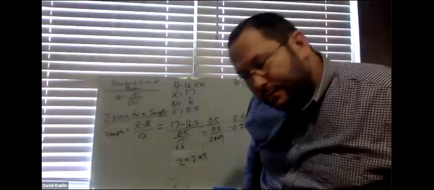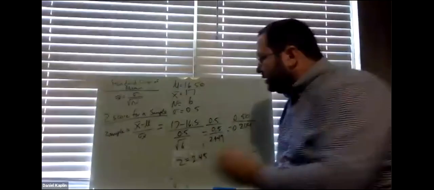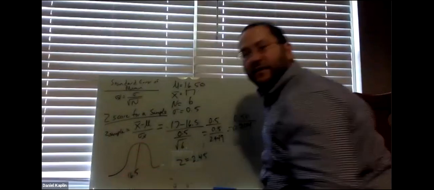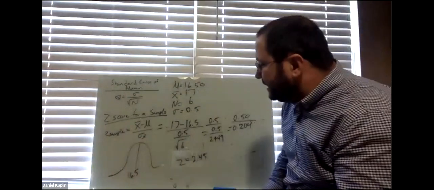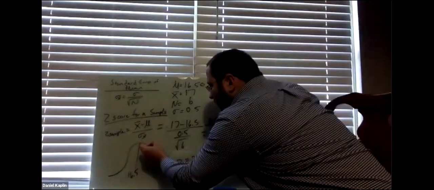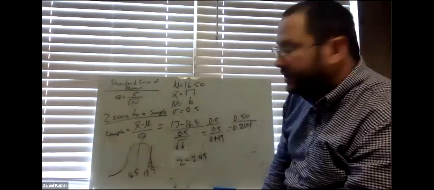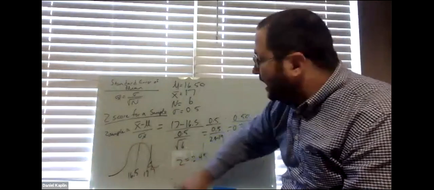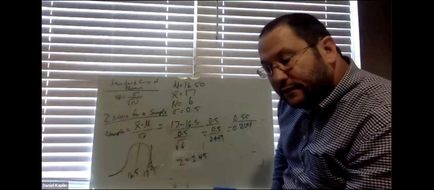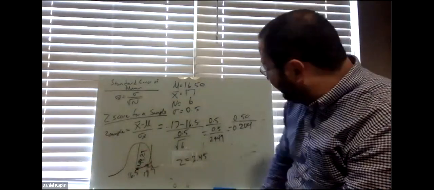So no problem, 49.29. I'm going to draw my bell-shaped curve. And here is my 16.5, the population mean. I wanted to know the likelihood of getting 17 or higher, so this is the area that I need to figure out. If there's 49.29% between the mean and that z-score, what's left over from 50?